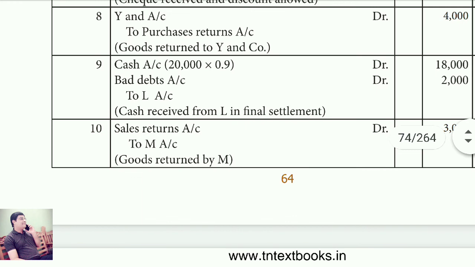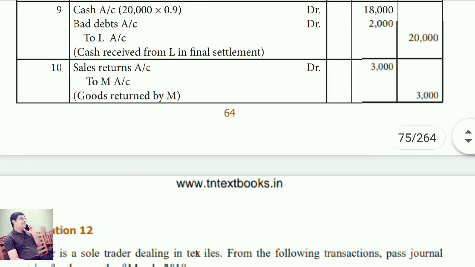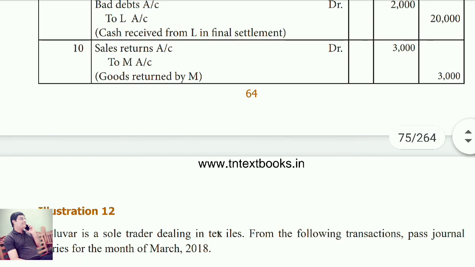So what is the entry for sales return? See it. Sales return account debit, to M account rupees 3,000. Understand? So this is the important sum. In this sum, sales return, purchase return, bills receivable, everything has come. So understand, very important sum.